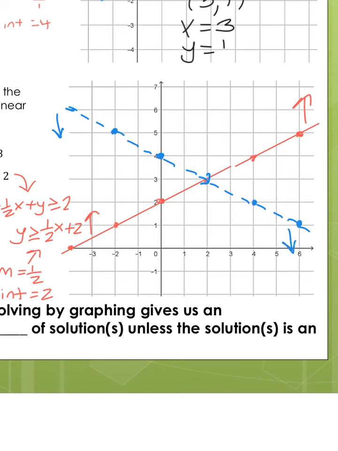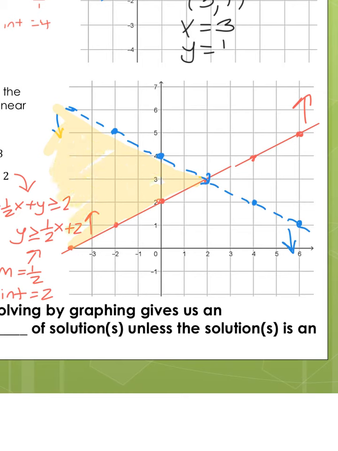So what are our solutions to this inequality? Well, our solutions are infinite. We are looking for the values that are greater than the red line or equal to, and less than the blue line simultaneously. So I'm going to try to highlight that here with my highlighter. We're looking for the overlap of the two regions, if you will.